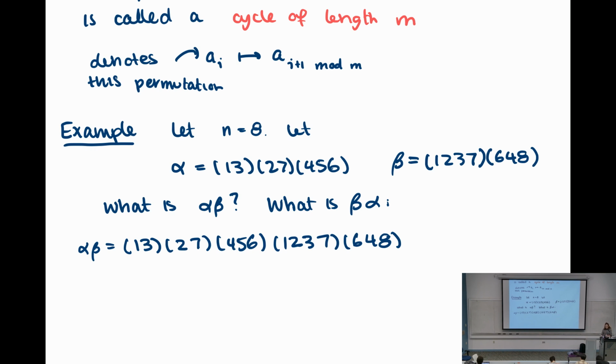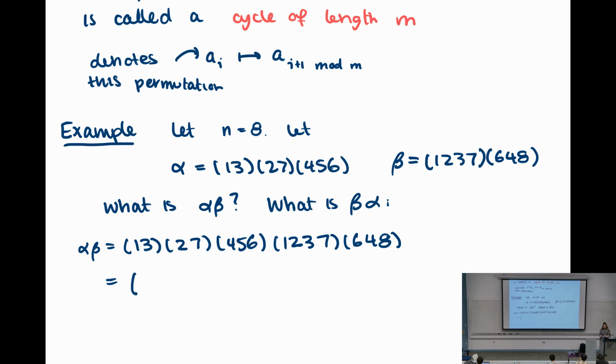So the way that we go about multiplying this is you work from right to left because function composition goes from right to left. And I usually just start with 1 and work my way up.